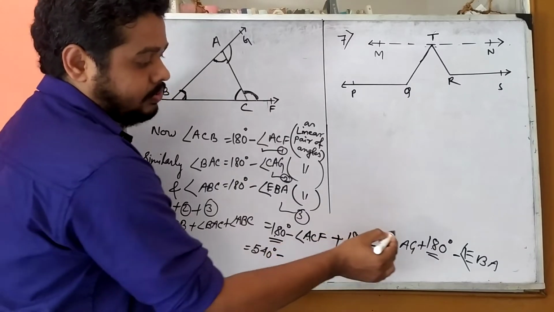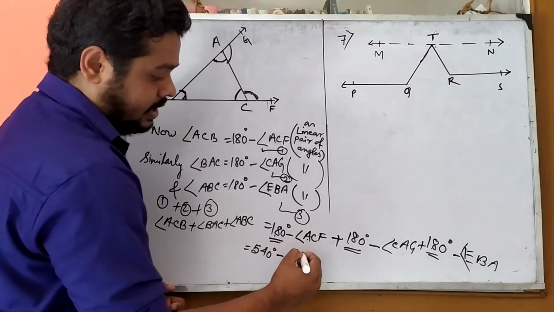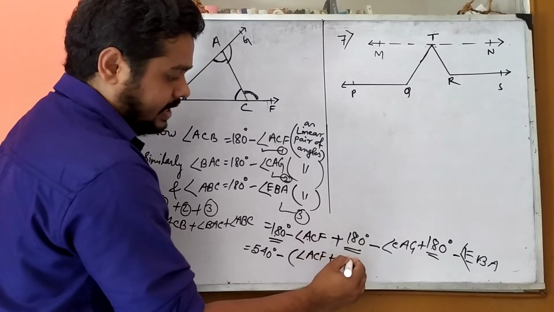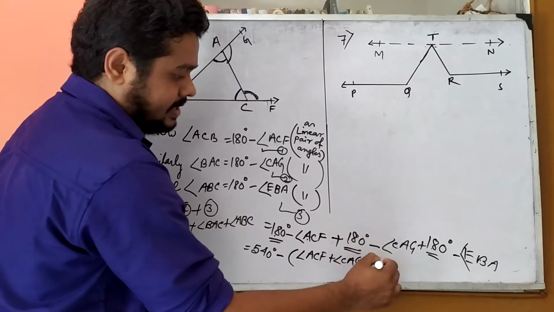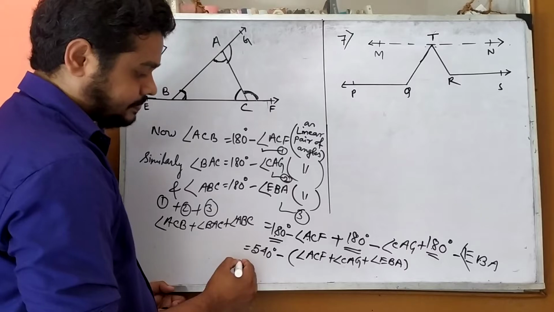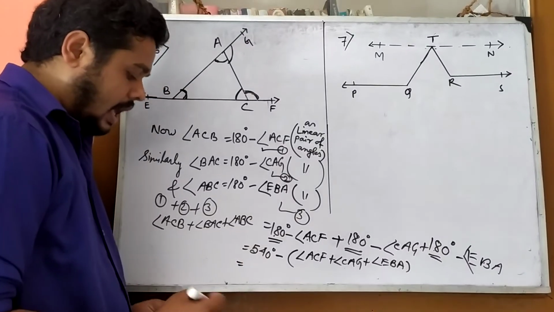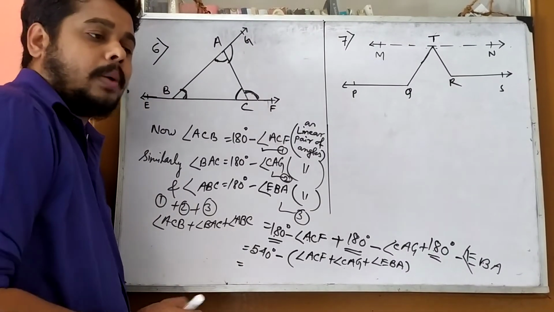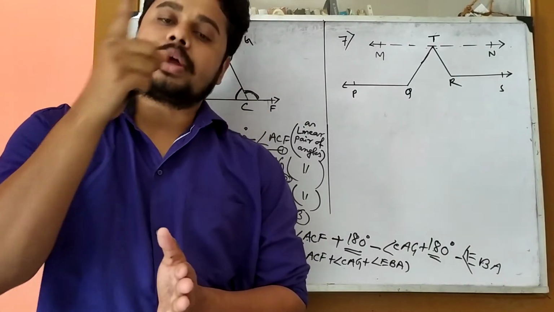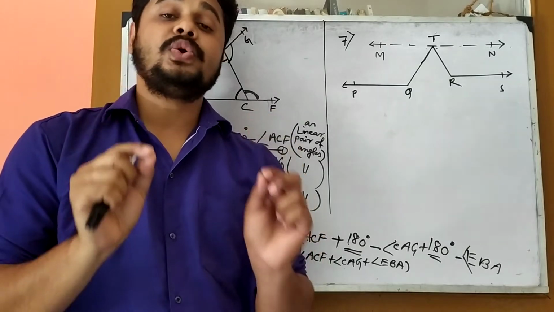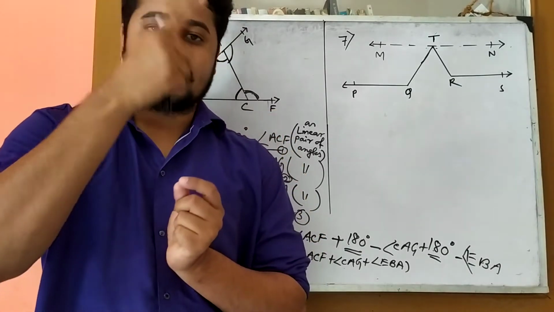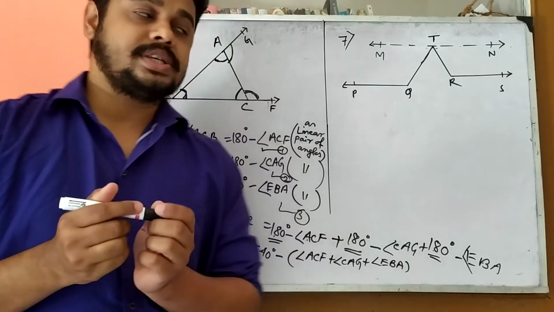Taking minus common from all these three angles, we can write angle ACF plus angle CAG plus angle EBA. Okay, now we know a complete angle, that is a complete rotation, means 360 degrees.